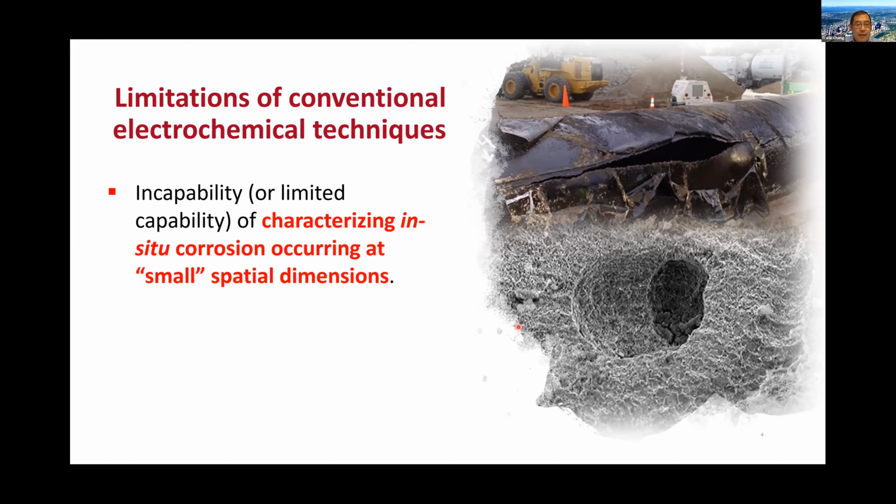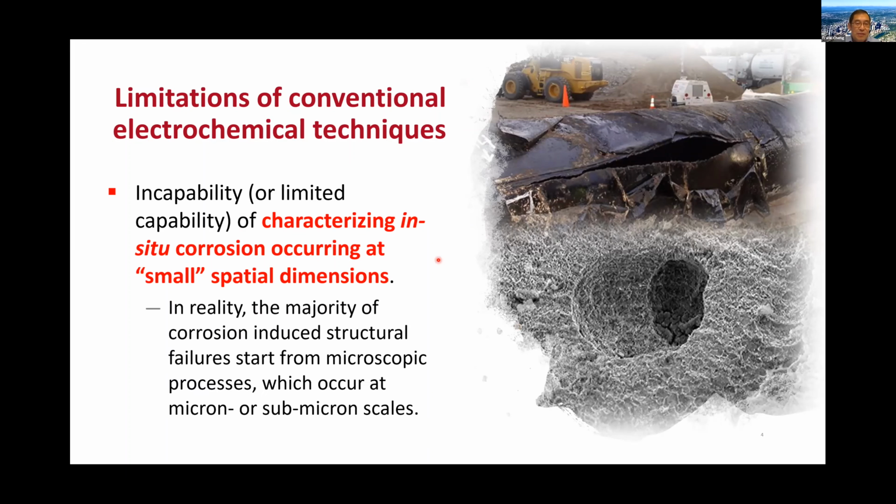But industrial infrastructure can suffer from corrosion-induced failure, and this corrosion usually starts from the micro or even sub-micron scales. So that's why there is a gap between the electrochemical measurements and the real corrosion-induced failures.